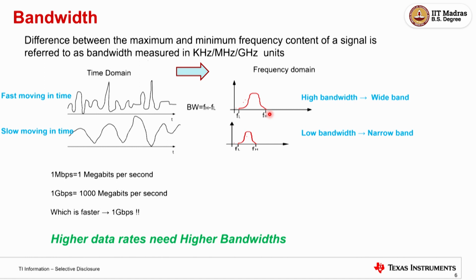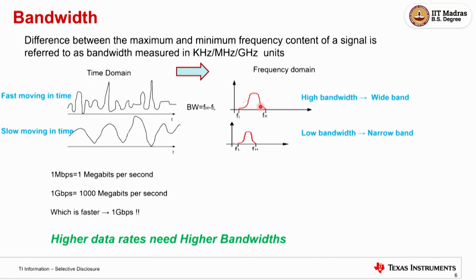Now you can relate to what a spectrum auction is. I think spectrum auctions happen even in India for 4G, 5G, and there are a lot of controversies around it as well. But clearly now you can relate to what it means. If somebody is buying a spectrum, he's actually buying how much bandwidth he wants.